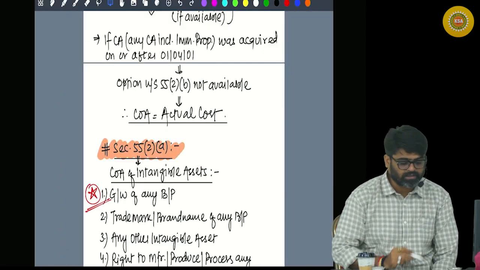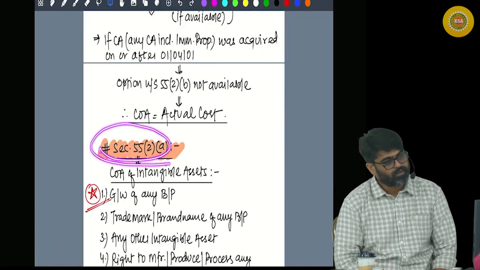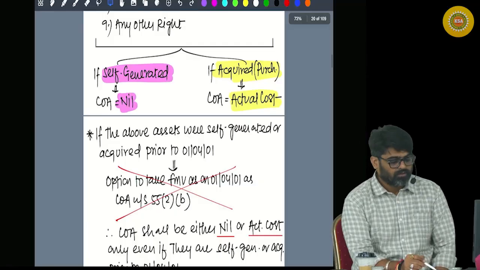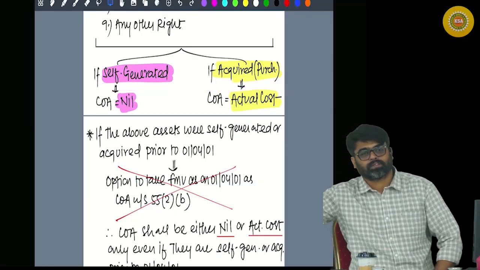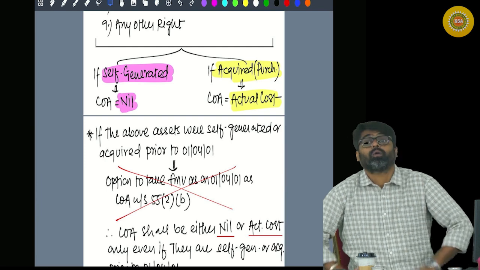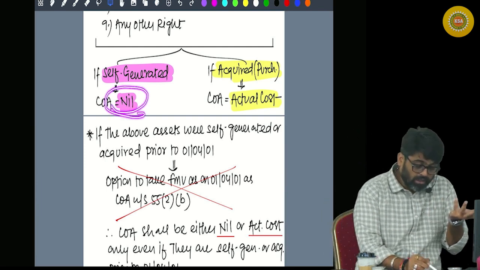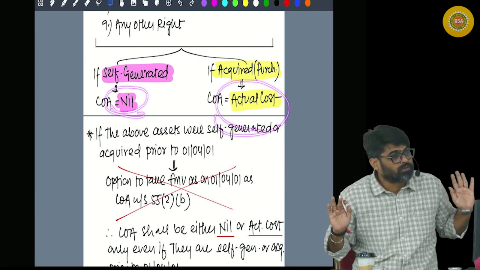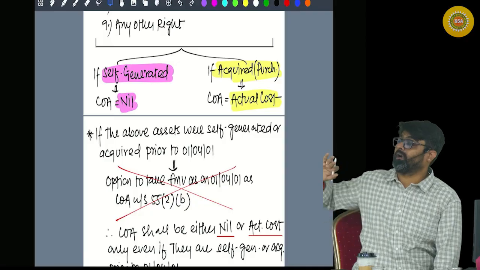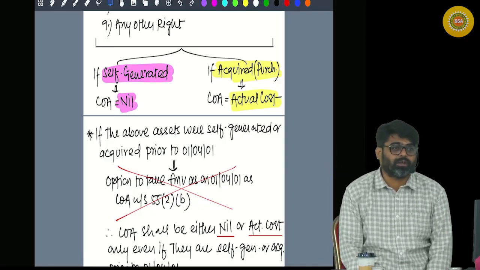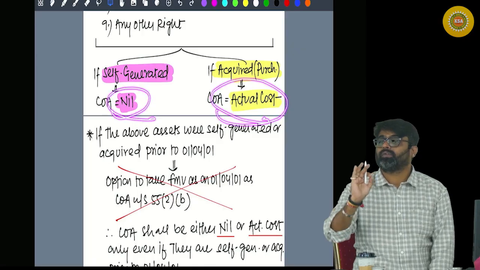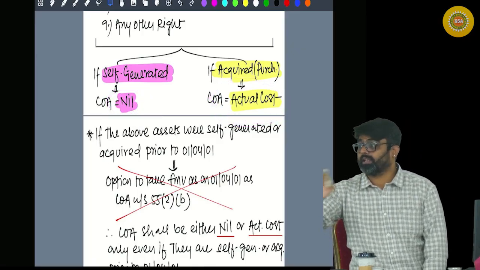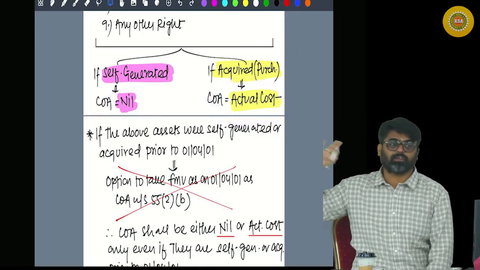And you are under which section right now? So if these assets are self-generated or acquired on or after 1st April 2001, what will be the cost? Nil or actual cost. But if they are self-generated or acquired prior to 1st April 2001, what will be the cost? Nil or actual cost. Fair market value option is not available for these assets.